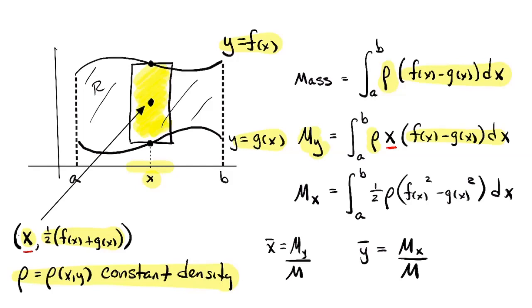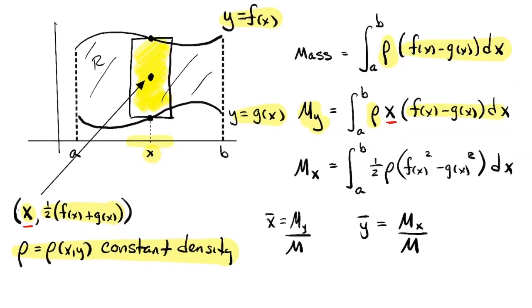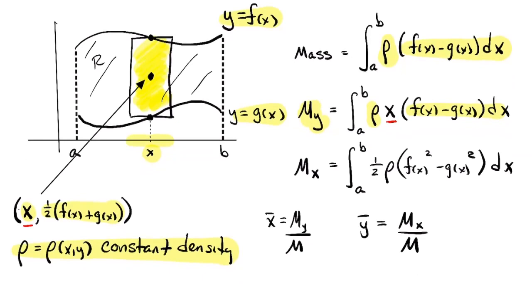Okay, this last one, maybe I want to put in a little bit of an explanation. We've already said that the y-coordinate of the centroid is 1/2 (f(x) plus g(x)). So if I was trying to estimate M sub x, I would take that y-coordinate of the centroid, 1/2 the quantity f(x) plus g(x), and multiply it by the mass of the rectangle.